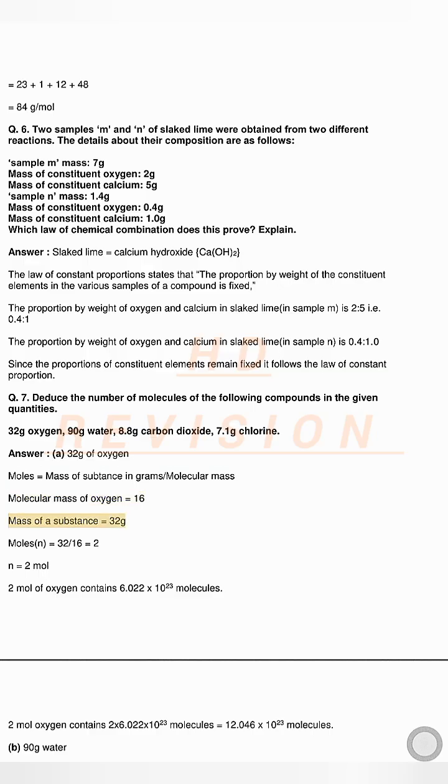Mass of substance equals 32 grams. Moles, n equals 32/16 equals 2. n equals 2 moles. 1 mole of oxygen contains 6.022 x 10^23 molecules, so 2 moles of oxygen contains 2 x 6.022 x 10^23 molecules equals 12.046 x 10^23 molecules.